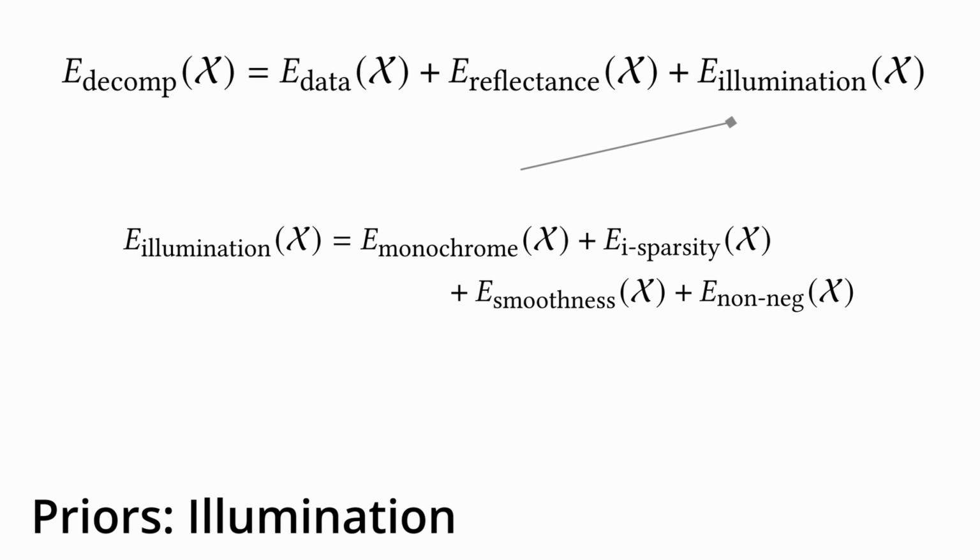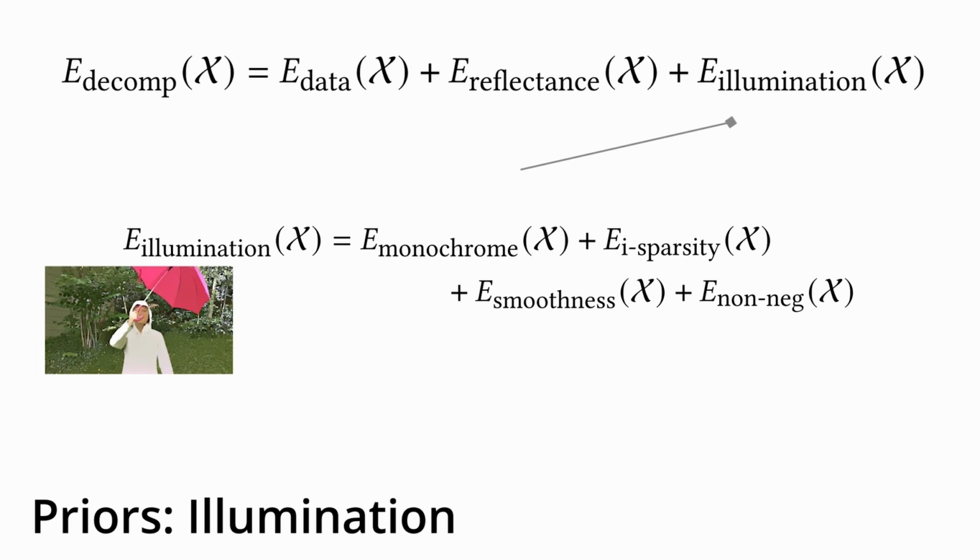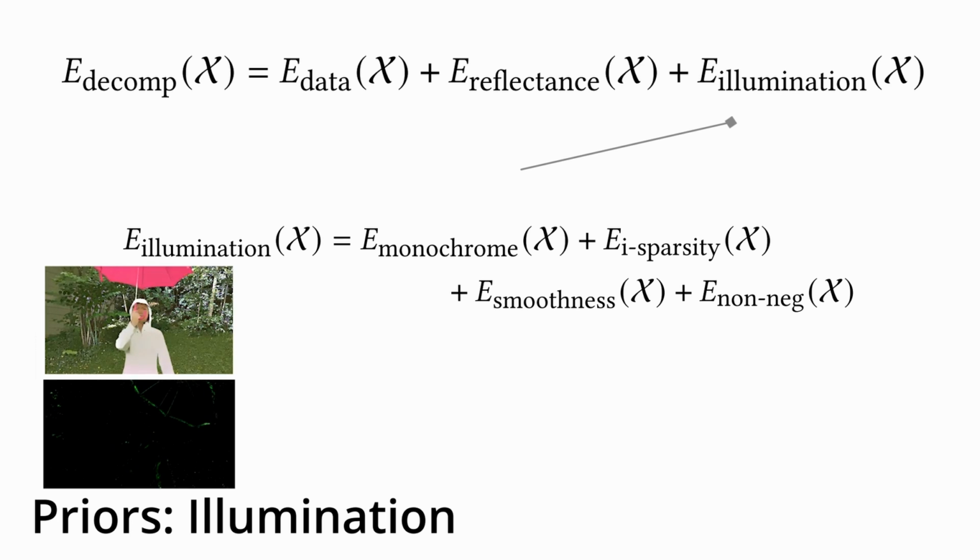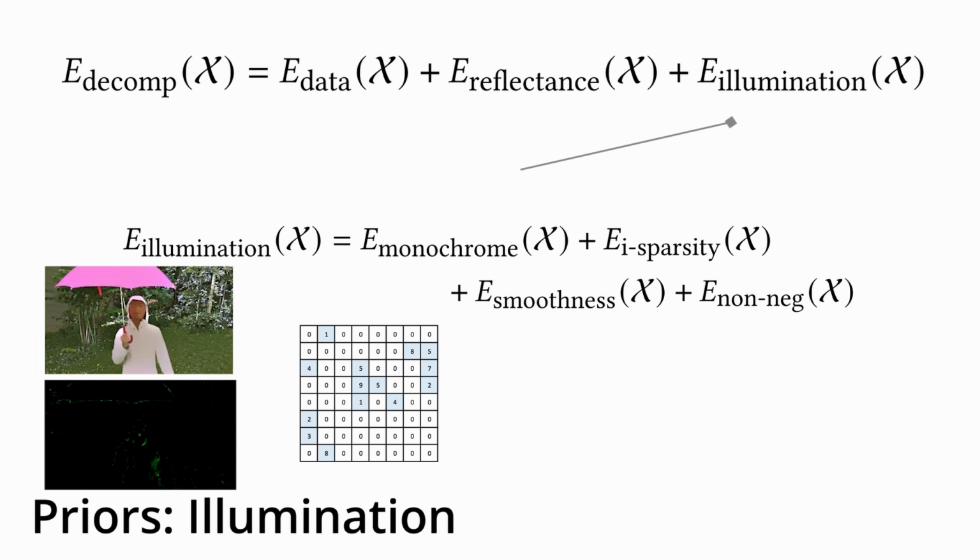There are four priors which influence the illumination solution during decomposition. The soft Retinex weighted monochromaticity prior assumes that interreflections are present near reflectance edges. It expects that we see strong color spills next to sharp color changes in the reflectance. The sparsity prior assumes that pixels should not be affected by many illumination color layers.